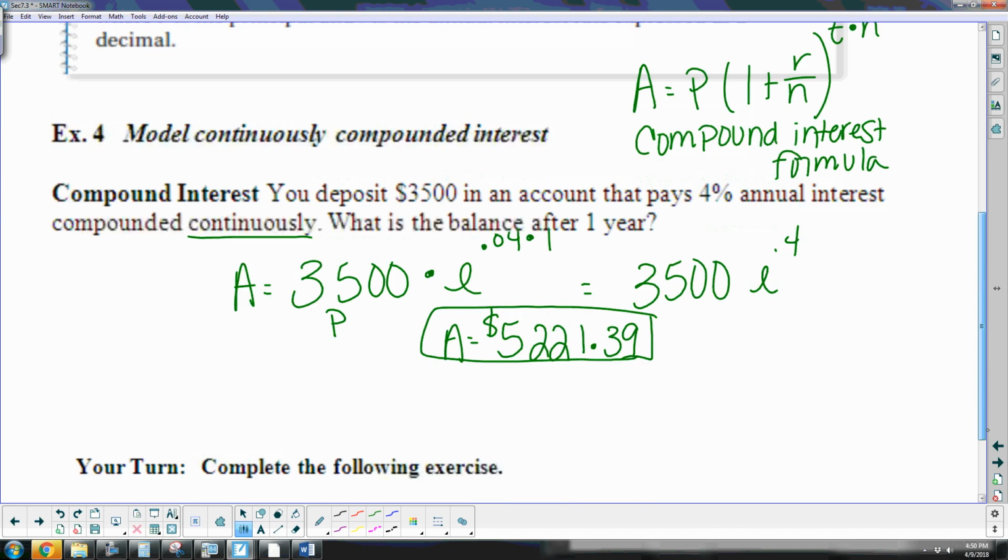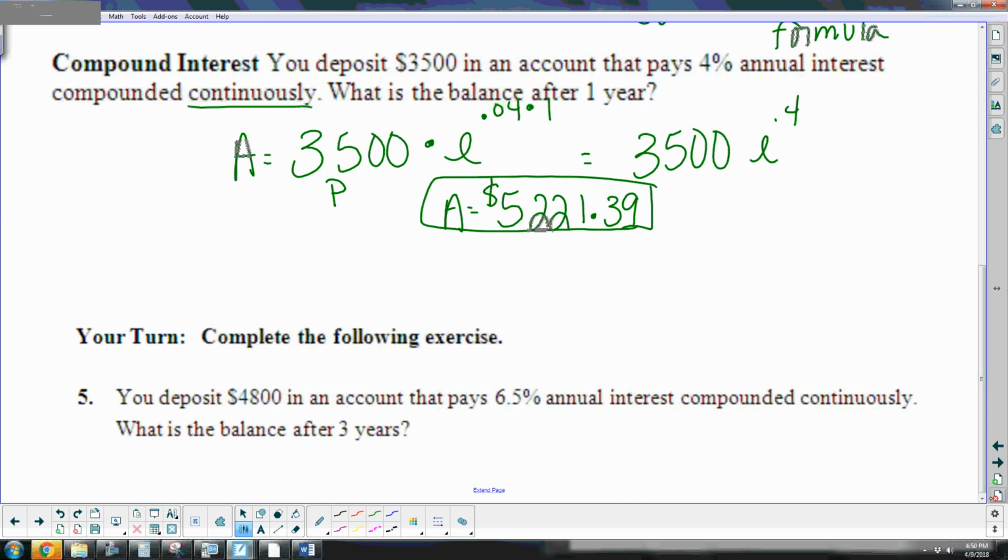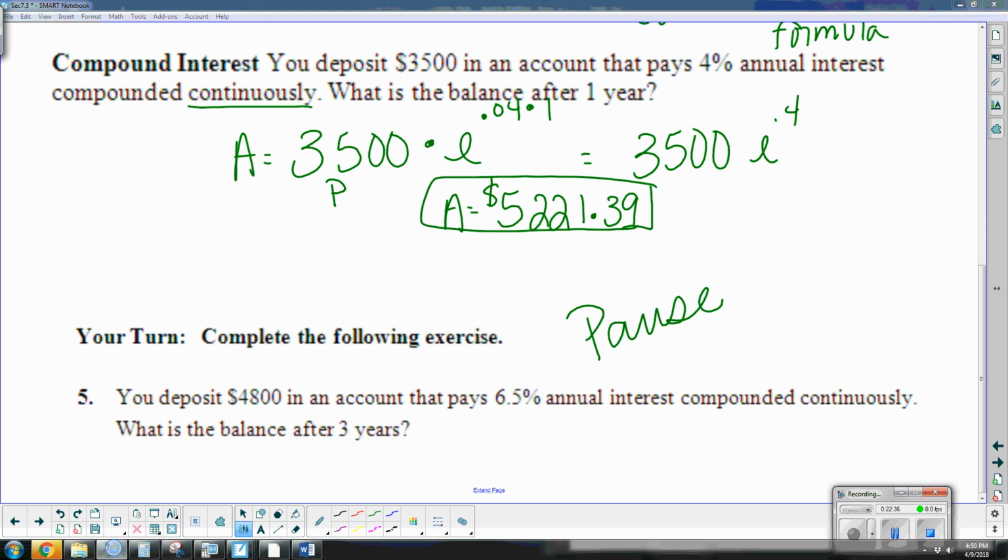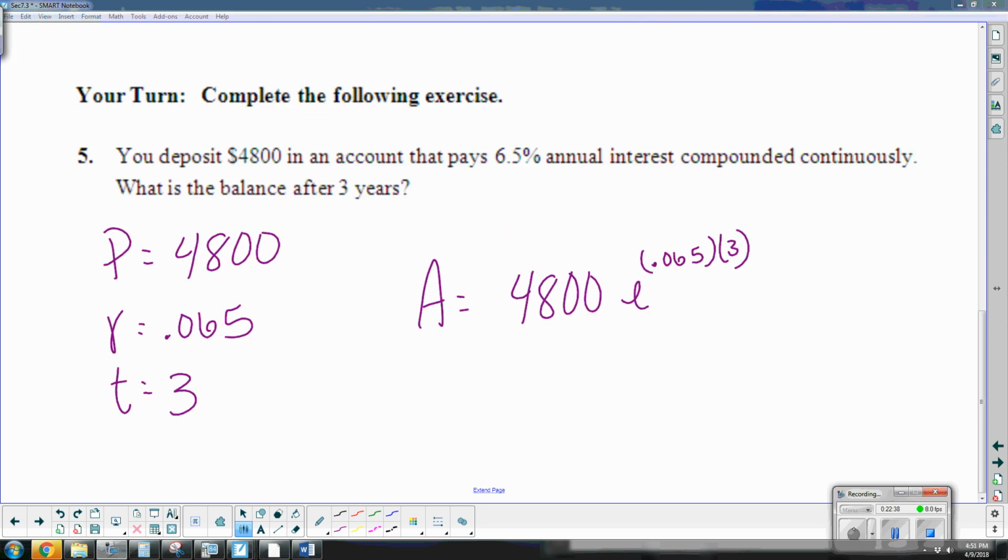All right, try this next example on your own. You can pause the video while you work and unpause for the solution. So again, we're using that formula, A equals P times e to the rt power. So our principal is 4,800.